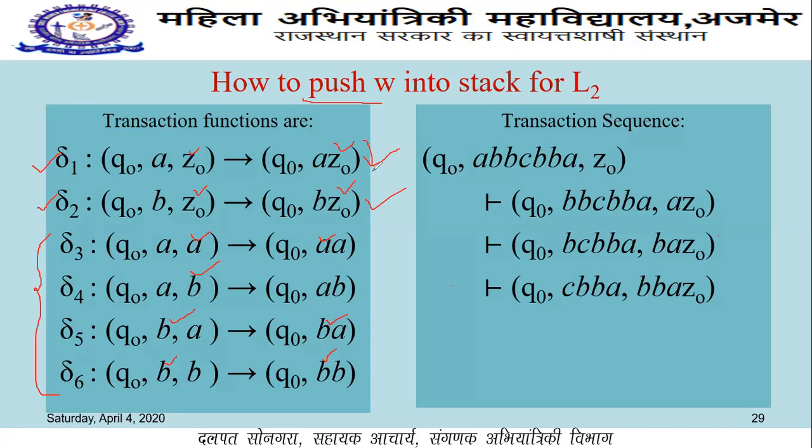So all of these transitions are used to push W into the stack. Finally, using delta 1 to delta 6, we can push W into the stack. And from the initial instantaneous description, after multiple transitions, we reach this situation, the current scenario of the pushdown automata after inserting W into the stack.